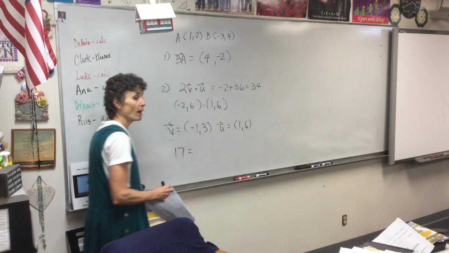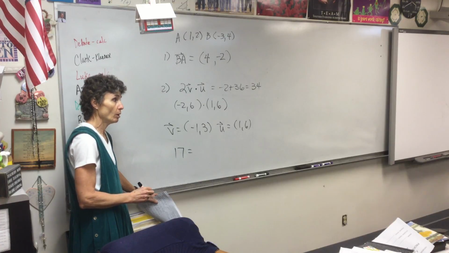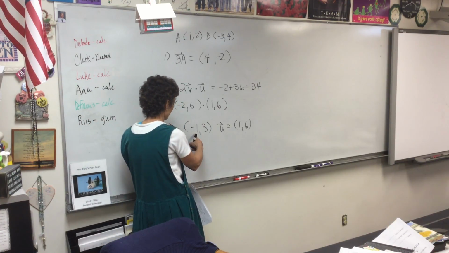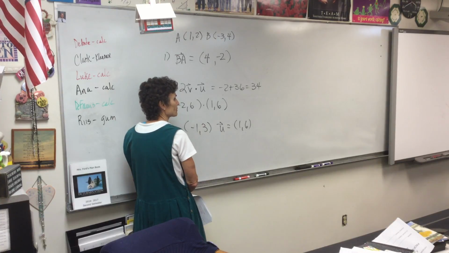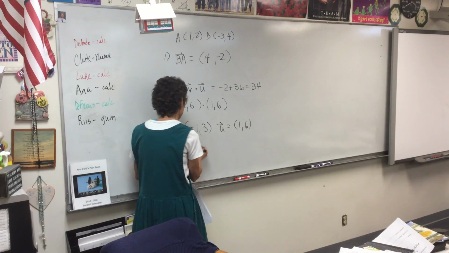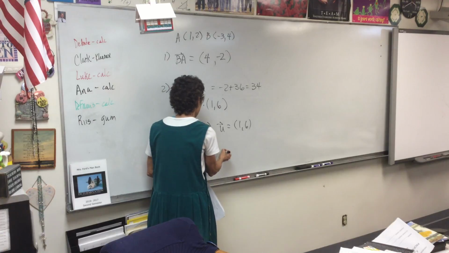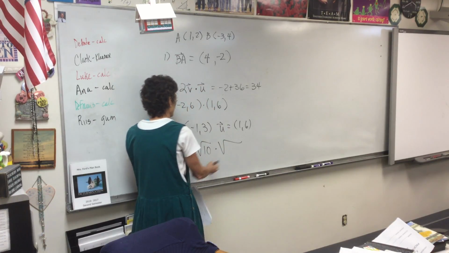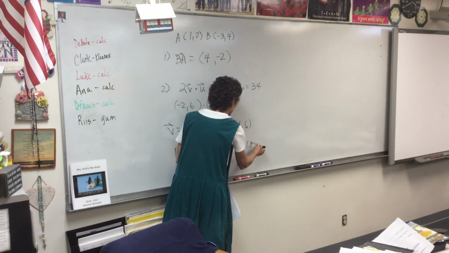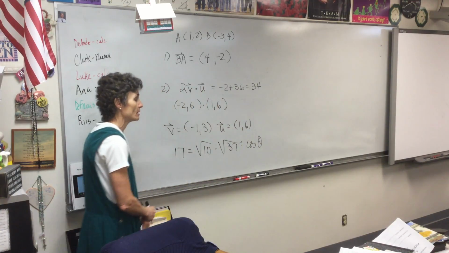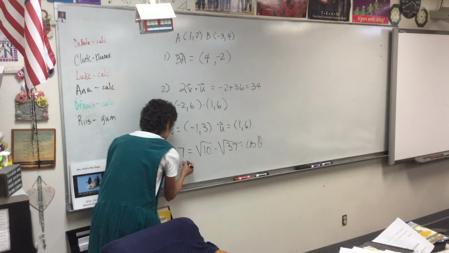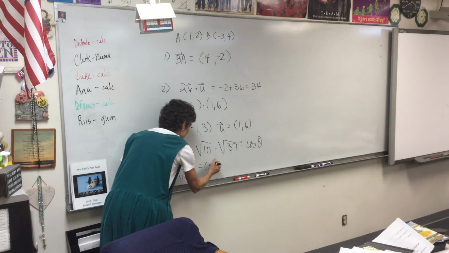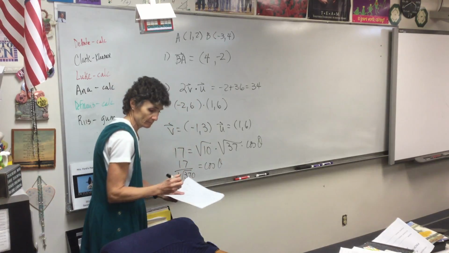And the dot product will equal the magnitude of this one, which is root 10, times the magnitude of this one, which is root 37, times the cosine of the angle between them. So 17 over root 370 is the cosine of theta.